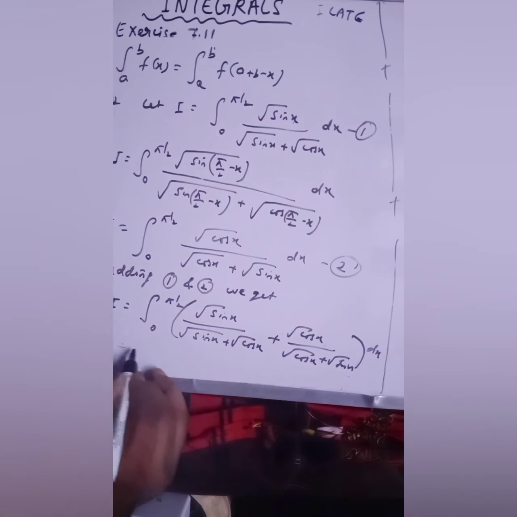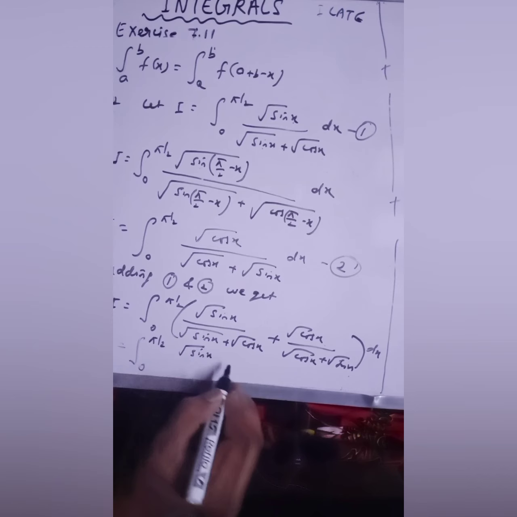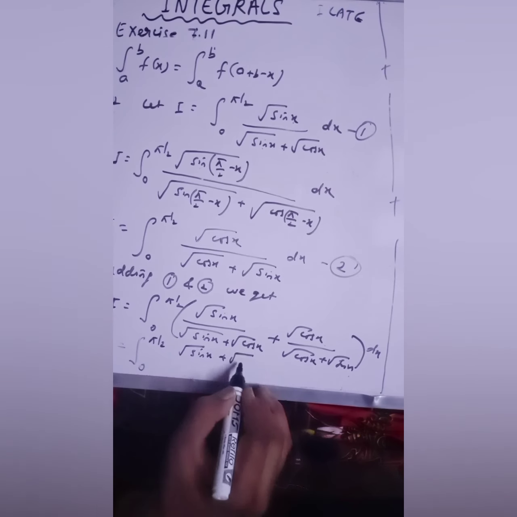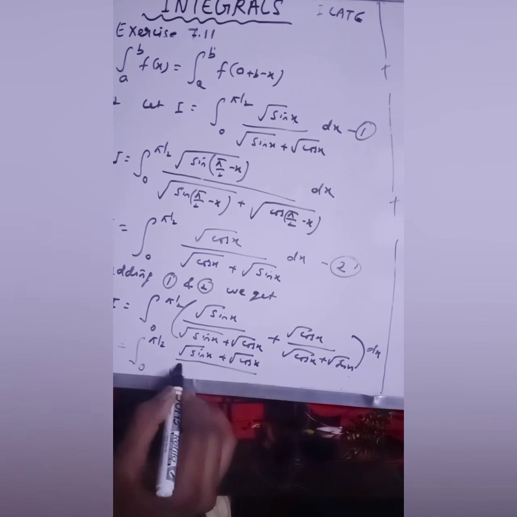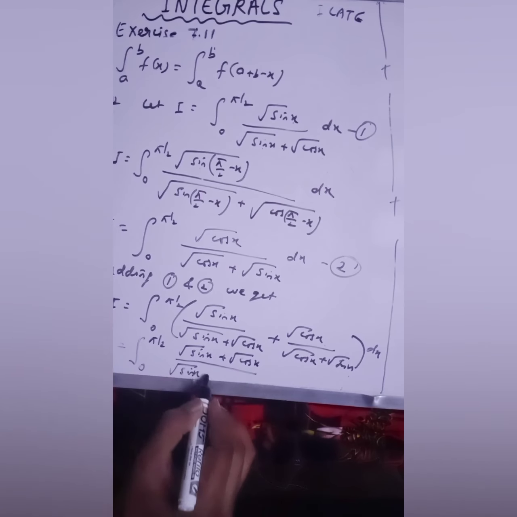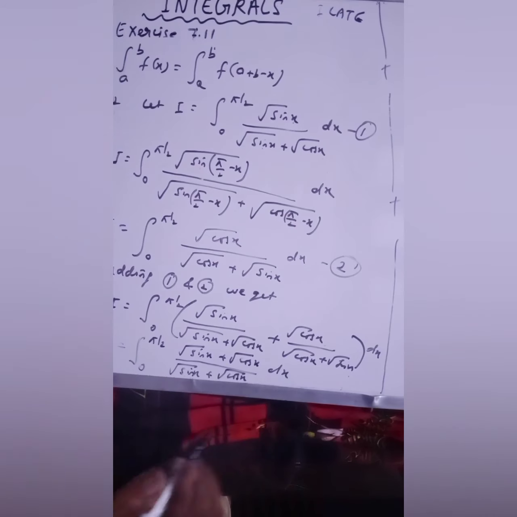After this step, this would be the integral from 0 to pi by 2 of (under root sin x plus under root cos x) over (under root sin x plus under root cos x) dx.